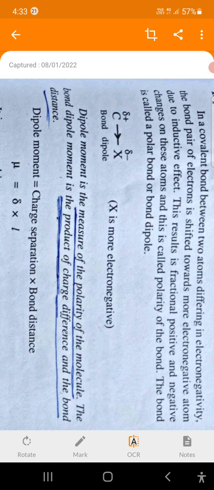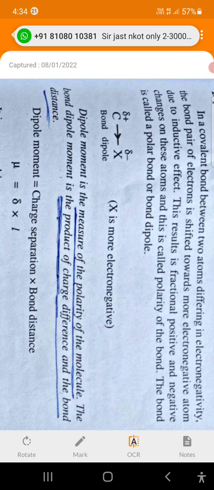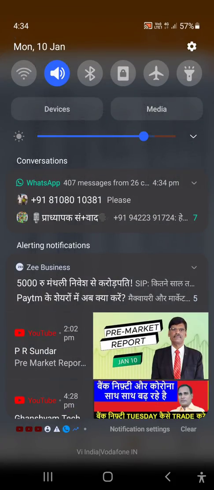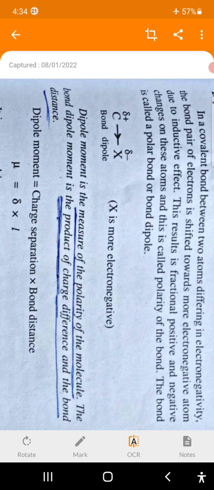Bonds between two similar atoms, that is AA, BB, and bonds between dissimilar atoms, AB. Consider molecule AB, where A and B are not the same. Then their electronegativity is also different.